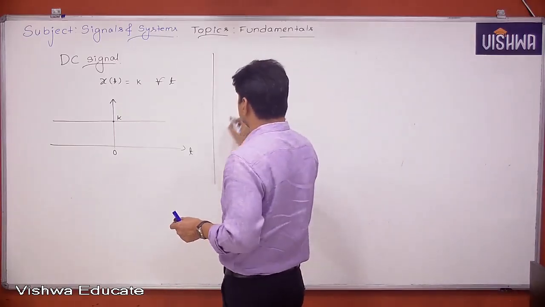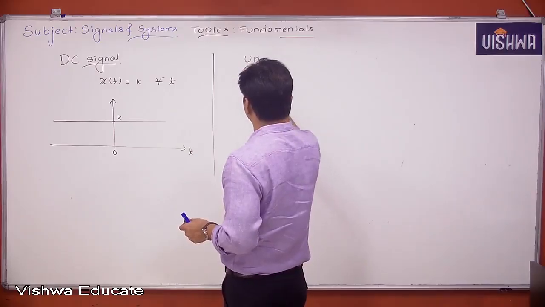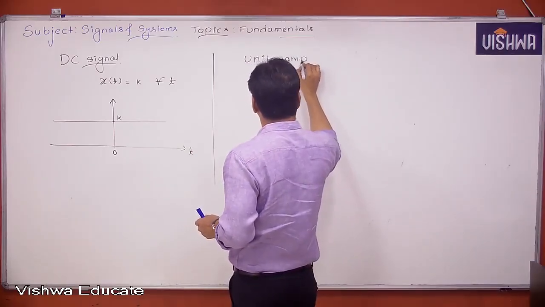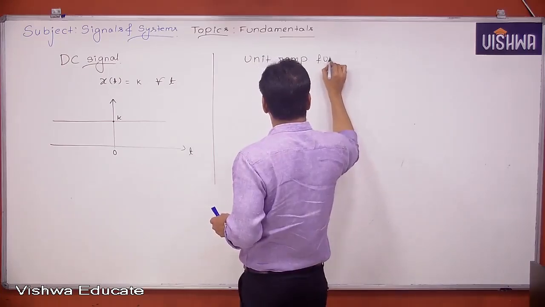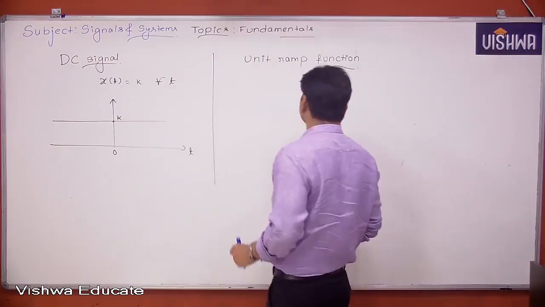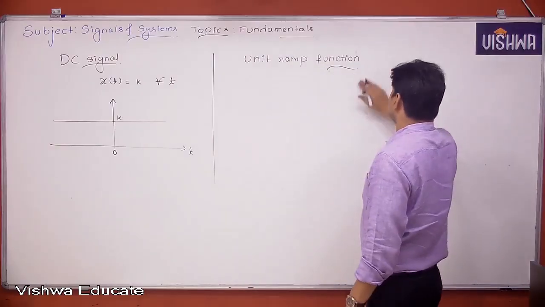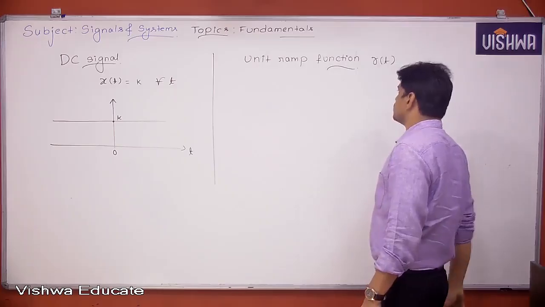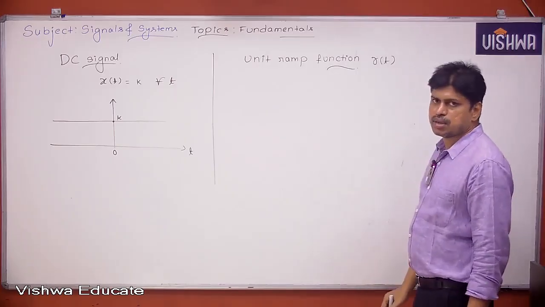Next signal, the unit ramp function. It is denoted with r of t.